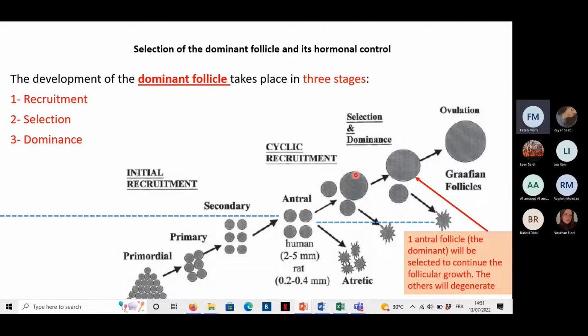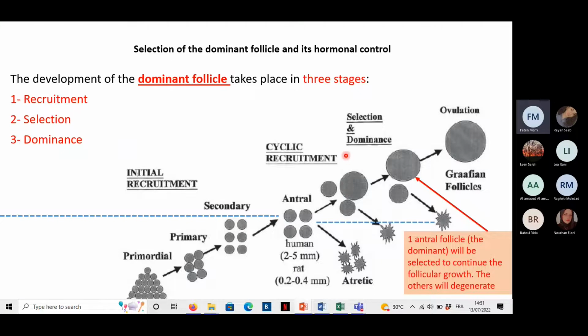However, the biggest one, the dominant one, has more receptors for FSH and is more sensitive to the FSH, and it can bind more FSH molecules because it has more receptors, and it can keep on surviving in the presence of those low levels of FSH.